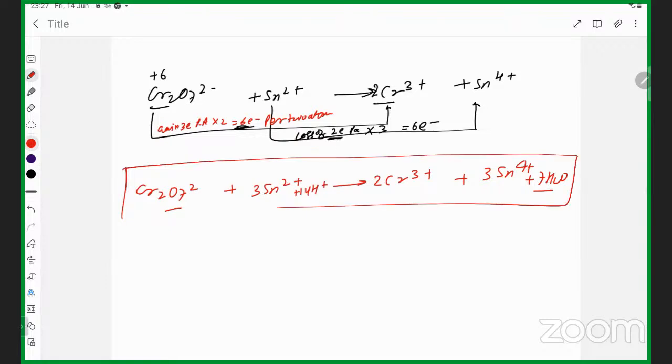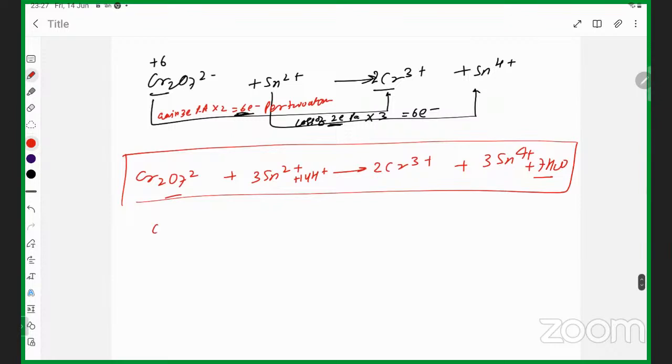You can check. It is not taking even 30 seconds. Check chromium, oxygen, Sn, hydrogen, charge. Chromium how many? 2. Chromium 2. Oxygen 7. Sn how many are there?